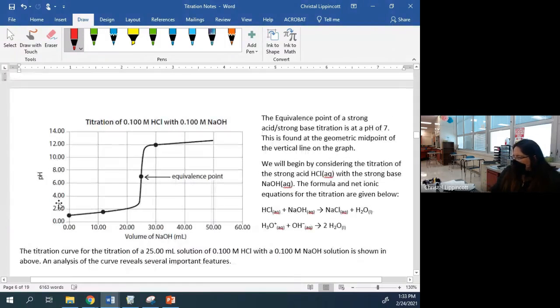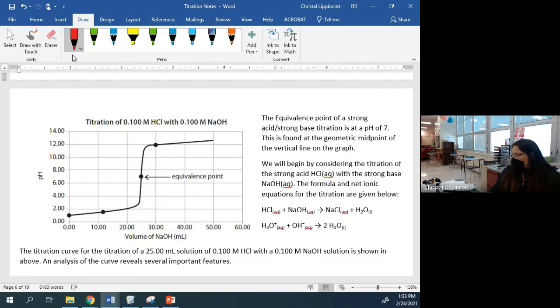That's analyzing it. Again, the equivalence point is that straight up spot that you're looking for where things are going straight up and down. That's going to be your equivalence point. The other important point: you figure out what milliliters this is. So this was 25 mL here. Half of 25 is 12 and a half. If we go to 12 and a half here, that's your half equivalence point.